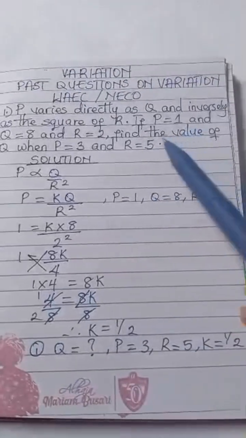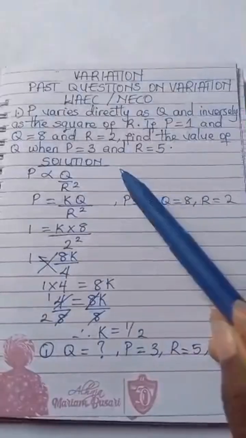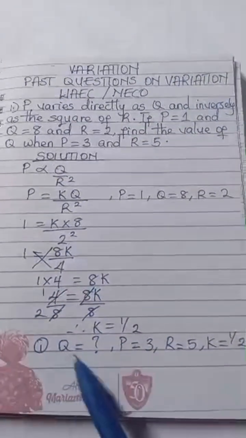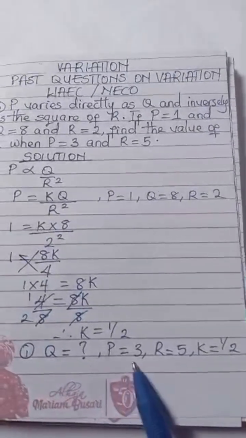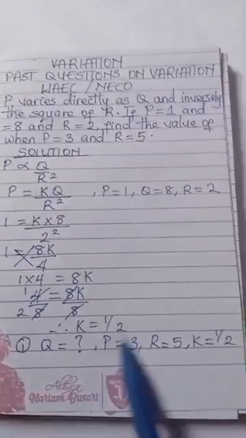Reading the question further, it now says find the value of Q when P is equal to 3 and R is equal to 5. We're looking for Q now, so I put a question mark there. When P is 3, R is 5. Meanwhile, we've gotten what our k is here, 1 over 2.